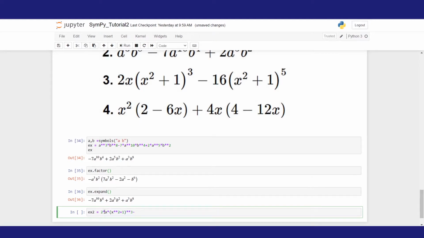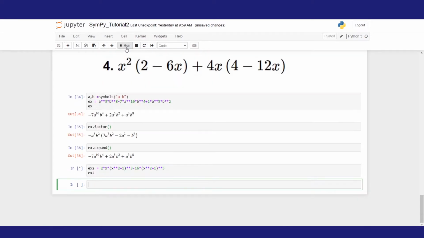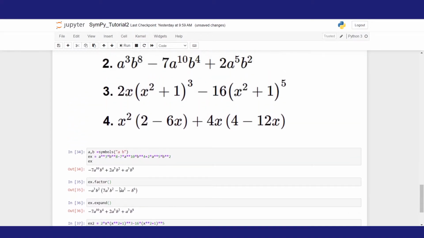Then this is minus 16 times brackets where we have x to the power 2 plus 1. You can say a common factor of the bracket, and this is raised to power 5. Okay, so I call that x2. If I call it again, you can see what we have, which is exactly what we have here.